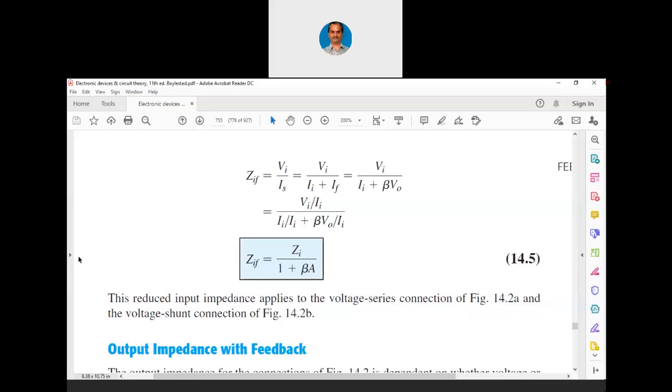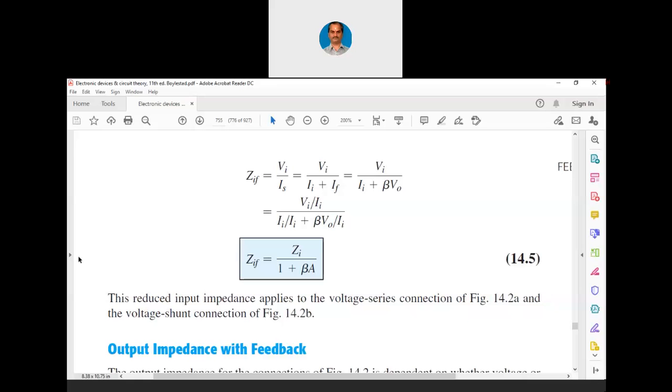But I had mentioned in one of my earlier classes that we have a concept called impedance matching, where many times we will have to match the source impedance to the load impedance. In such cases, when we have a multi-stage network, we require some circuits which can match the impedance as well.